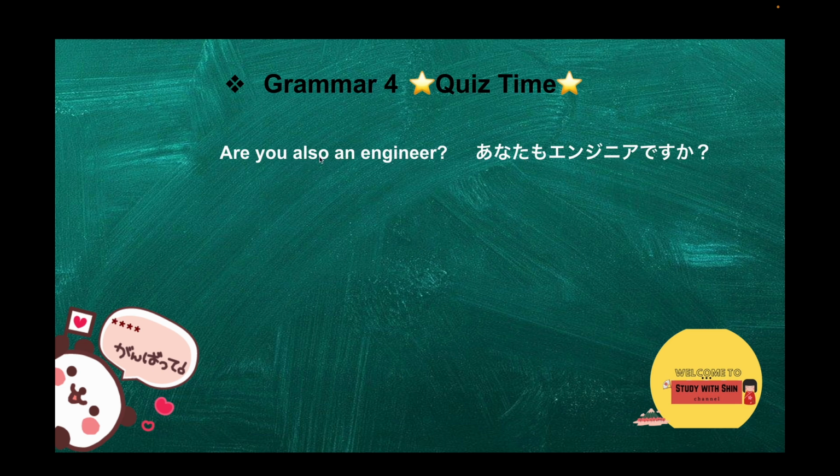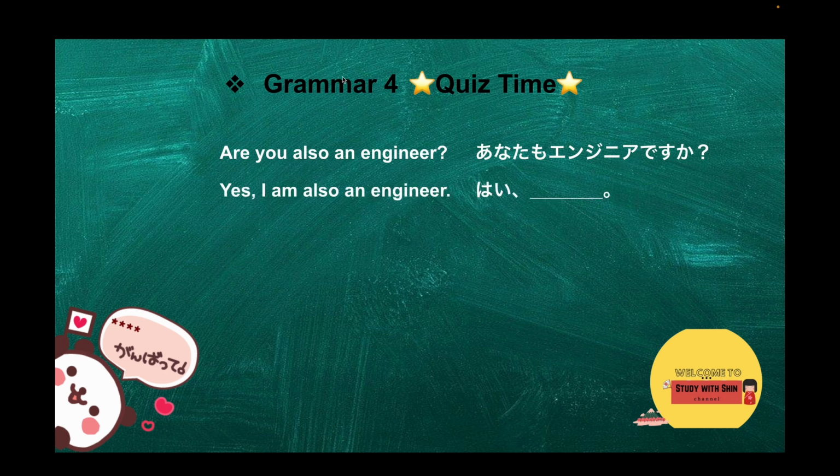And because we are saying also, instead of wa, we will use mo. あなたも. That means you also. Engineer ですか? Here we use ka because this is a question sentence, right? Because this is a question, we have to add ka at the end of the sentence. So it would be あなたもエンジニアですか?